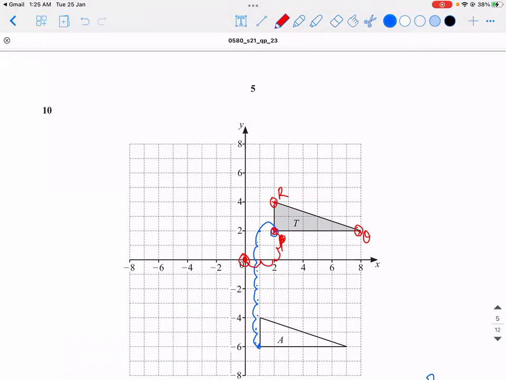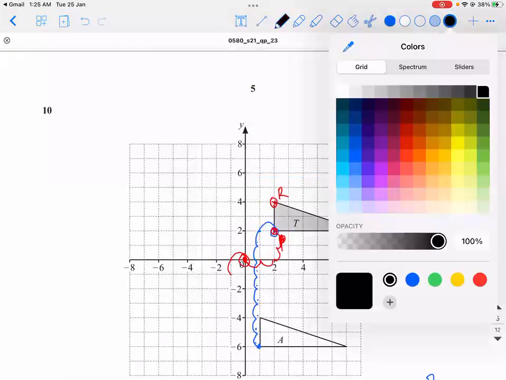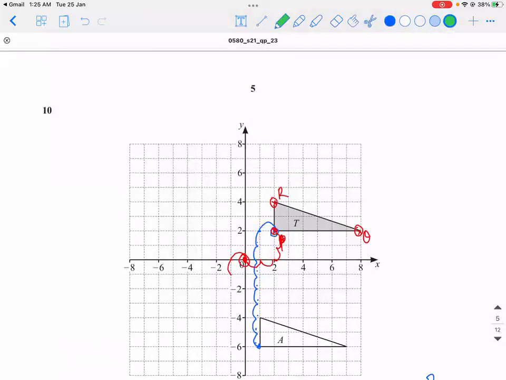After this inversion, what happens? 1 unit left, and instead of going 2 units up, 1 unit down. So this is one of our points. Did you get it? This is the inverted point of P. I would like to mark this point as P dash. Then how to locate Q? From P, we have to move 6 units horizontally right. But here, 3 units horizontally left.